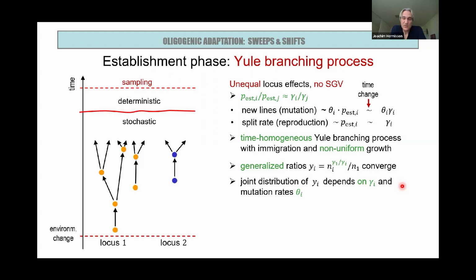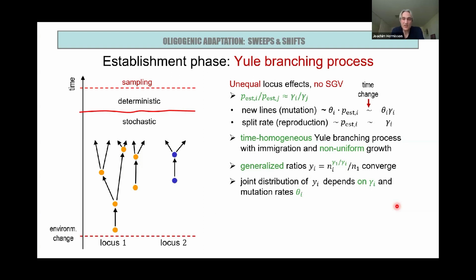Now we need to modify this a bit and introduce these generalized ratios, with lineages n_i to an exponent gamma_1 divided by gamma_i divided by n_1, and these generalized ratios will probably converge. And this is indeed the case.